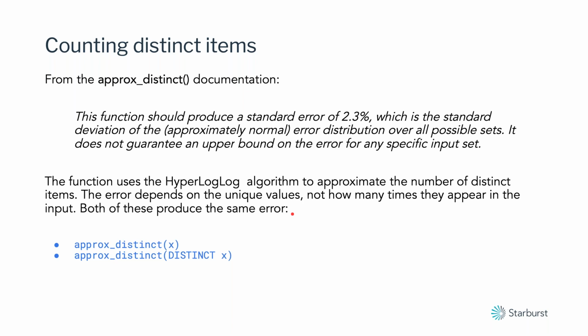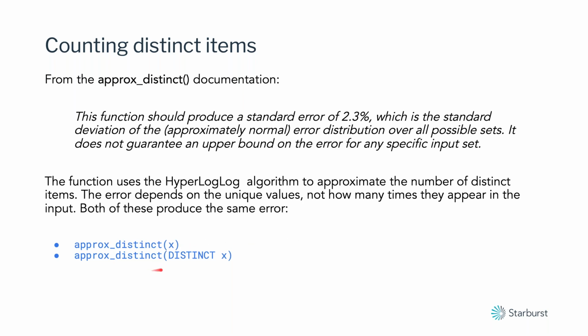But if you're doing statistical work, this will have meaning for you. Approx_distinct uses a standard HyperLogLog algorithm that's used in a whole lot of systems to do this sort of unique value approximation. It's important to note that the error of the HyperLogLog algorithm depends upon the number of unique items that are passed into the function, not the total number of values.